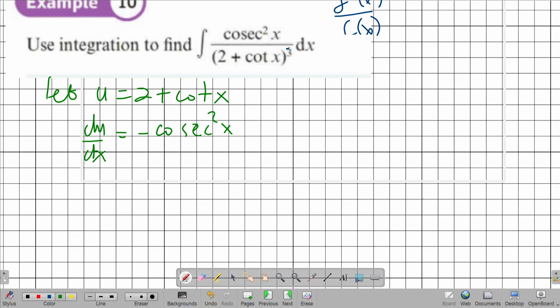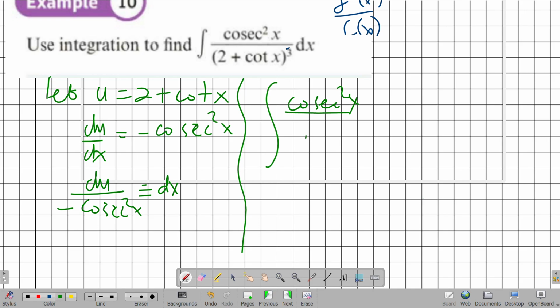So that means du over minus cosec squared x is equal to dx. So we can say the integral is equal to cosec squared x over u to the power of 3, and then du over minus cosec squared x, of which these 2 and these 2 cancel.